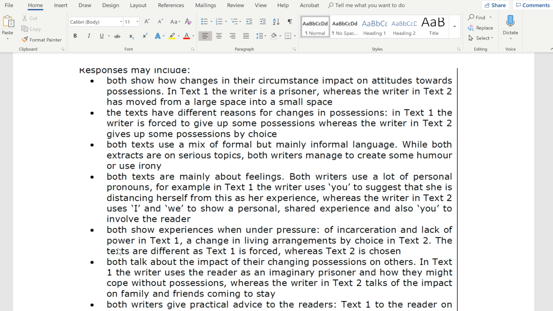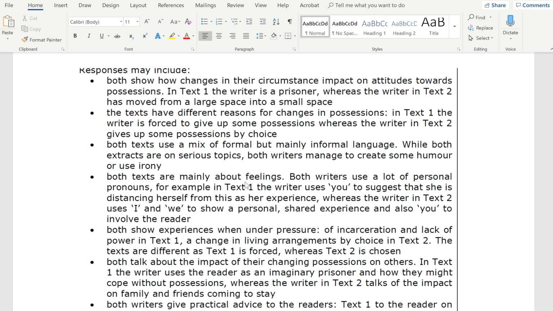So for example, if we have a look at this one, the third one down, "both texts use a mix of formal and mainly informal language." So that's a similarity. "While both texts are on serious topics, both writers manage to create some humour or use irony." Okay, so there you've got mostly similarities.